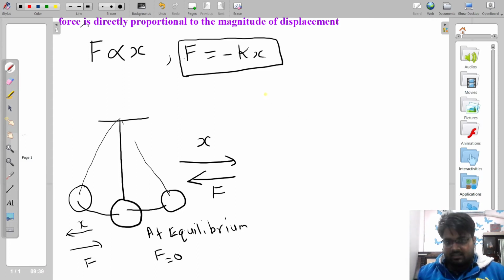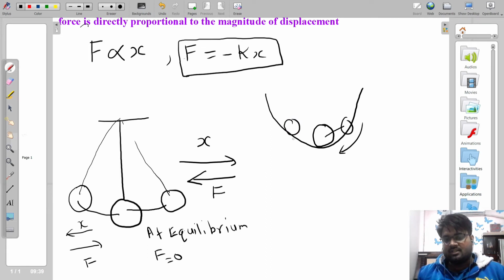Now another example of SHM is a ball. If you displace this ball by x displacement, it moves back towards the center, and if you displace this ball towards the left by x displacement, it will follow the same trend as the simple pendulum.